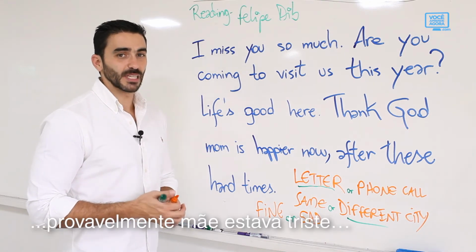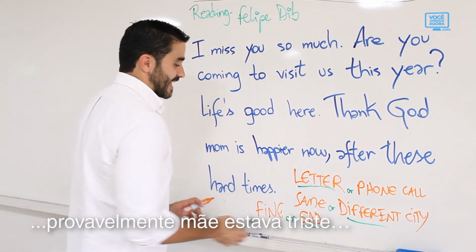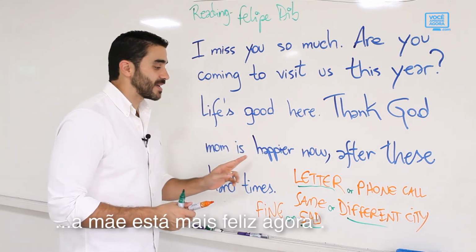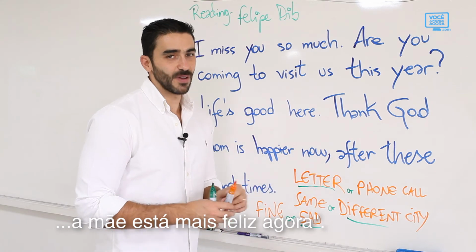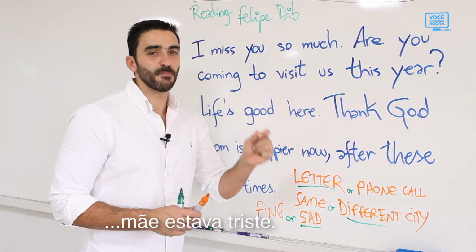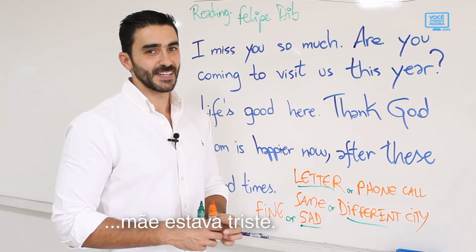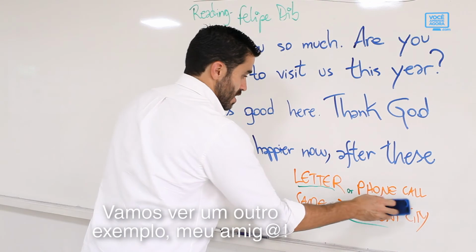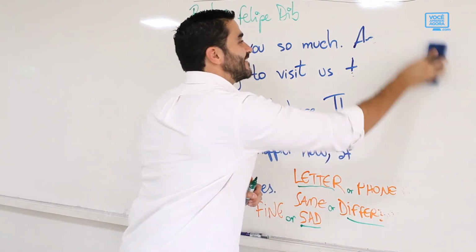Yes, probably Mom was sad because he says, thank God Mom is happier now. So the person is showing that in the past, Mom was sad. Let's see another example, my friend.